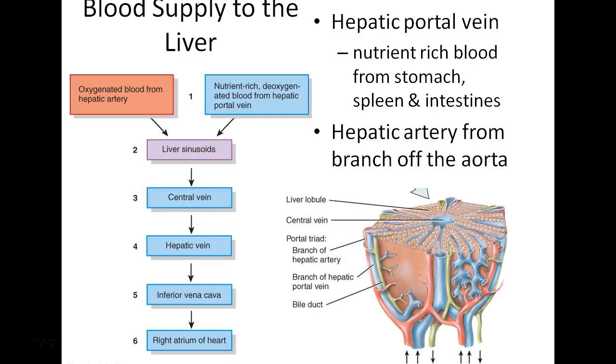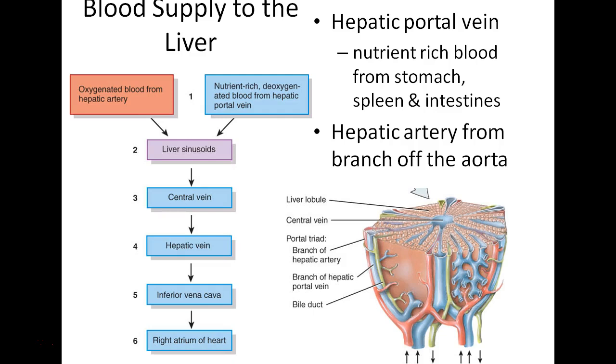In this slide, we take a look at how the liver is supplied with blood. And let's do a review of some of the things we've done in lab. In lab class, we had a dissection where we tracked down the hepatic portal vein, and that hepatic portal vein is going to receive nutrient-rich blood from the stomach, spleen, and intestines.